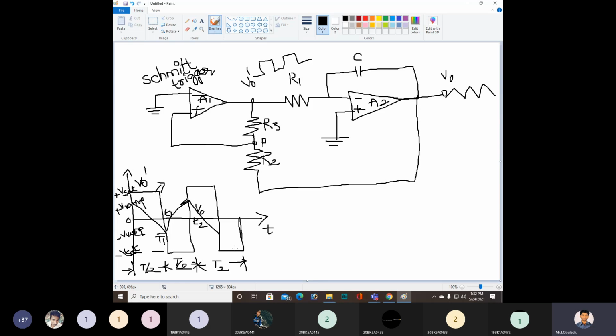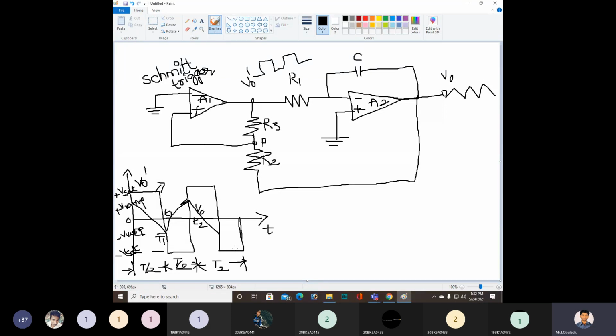So the cycle repeats and generates a triangular waveform. The T1 and T2 statements will go on repeatedly, and then it will generate a triangular waveform. The frequencies of the square wave and triangular wave are the same.